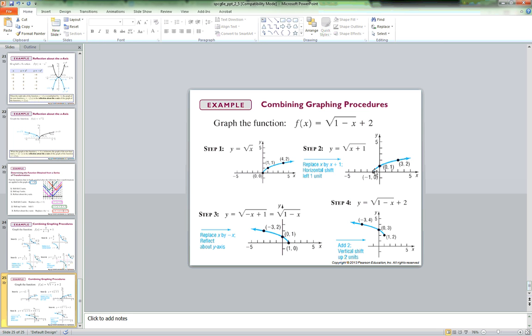So instead of being at -1, 0, it's going to be at 1, 0. This coordinate's still the same. Instead of being at 3, 2, I'm going to be at -3, 2. So it shifts it across the y-axis. And then this plus 2 means we're going to have to move this whole thing up 2 units. And we get this function here. And that is everything from 2.5.